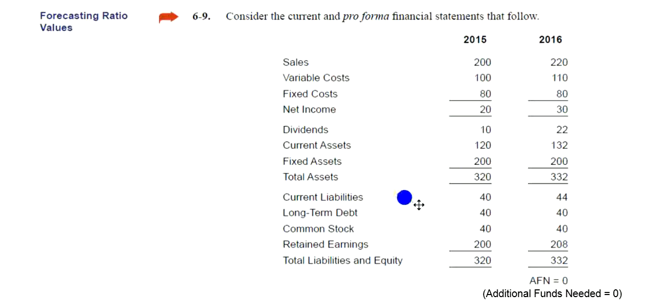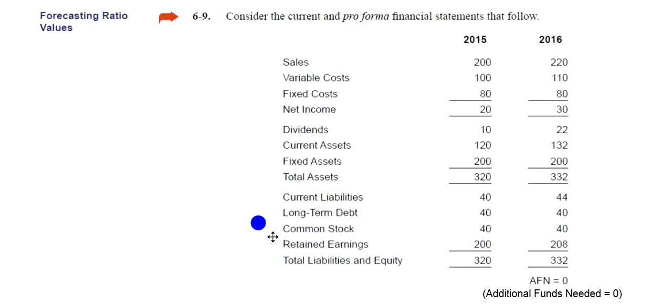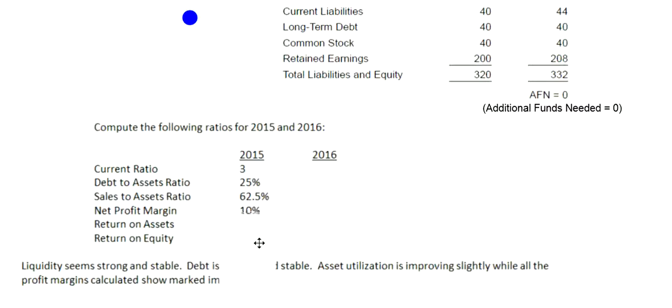Sales is 200. We can see right away that's going to be 10%, but let's do it anyway. 20 divided by 200 is, voila, 0.1 or 10%. So that means that our net income is 10% of our sales. Let's make sure we're right there. And yes, we're right, 10%.